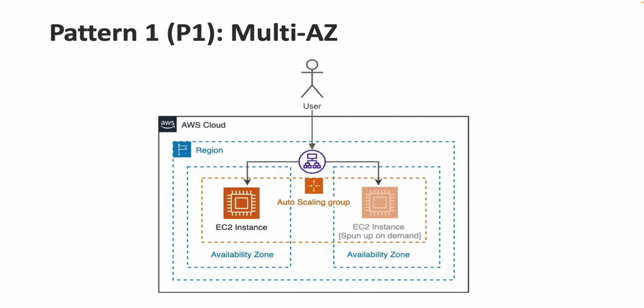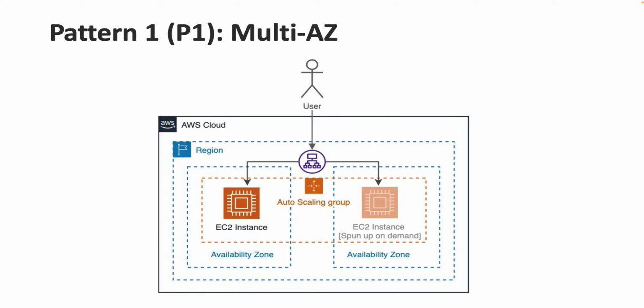To begin with, let's start with the first pattern and call it P1, that is the multi-AZ. P1 is essentially a cloud-based architecture pattern that we are introducing in terms of availability zones deployed in an AWS region.